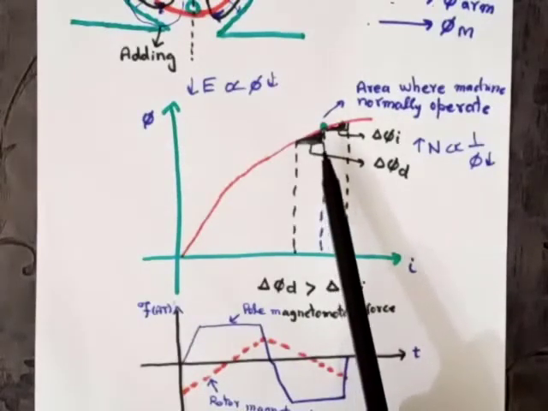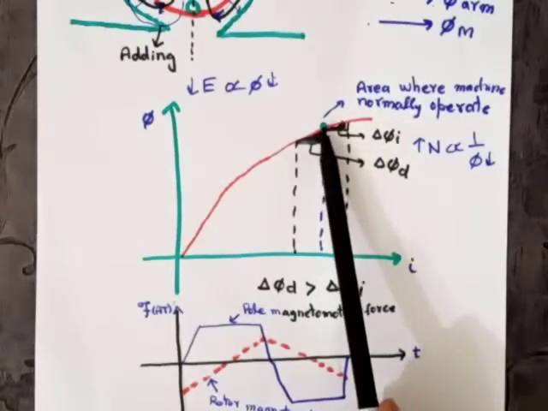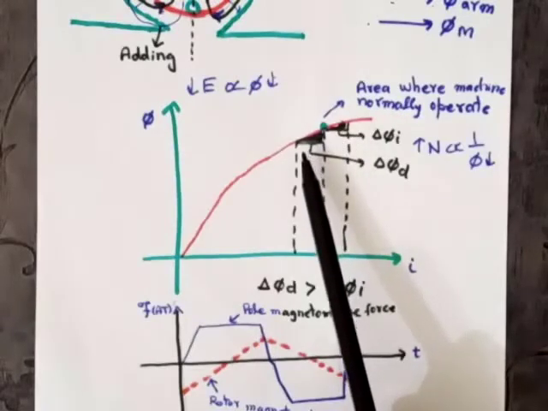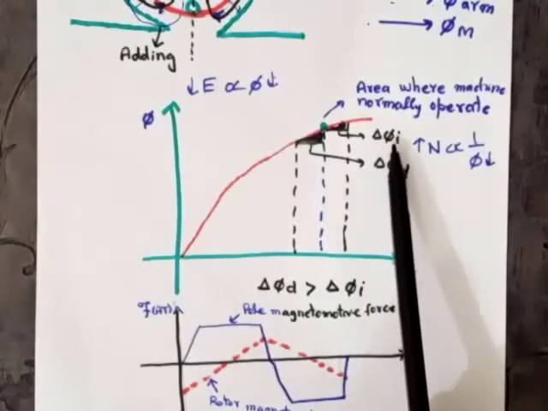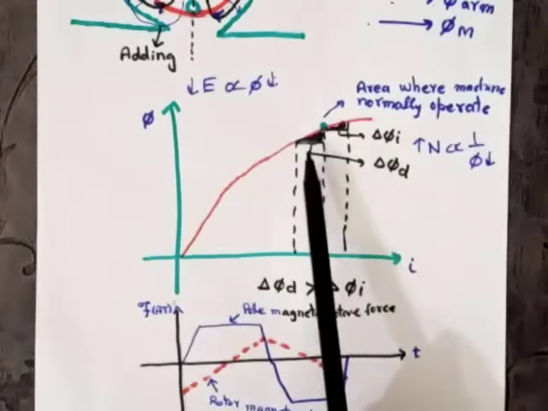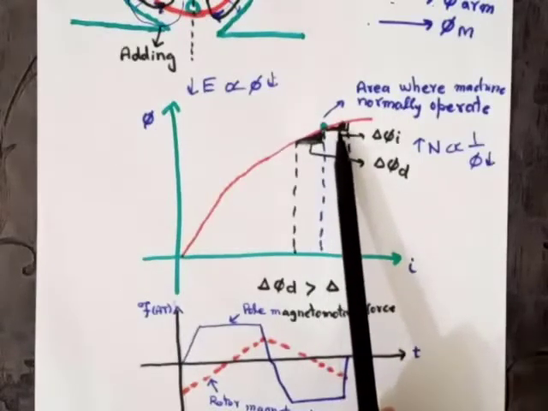for example, let us take 2 points. This is the first point and this is the second point. This is the change in flux increasing and this is the change in flux decreasing. As you can see in this figure, this is more area compared to this less area.